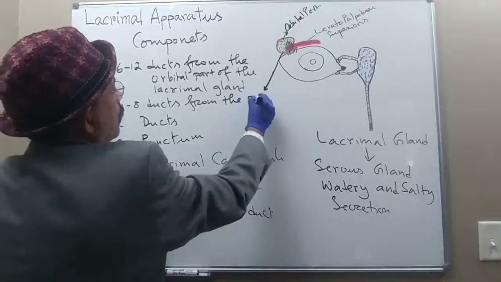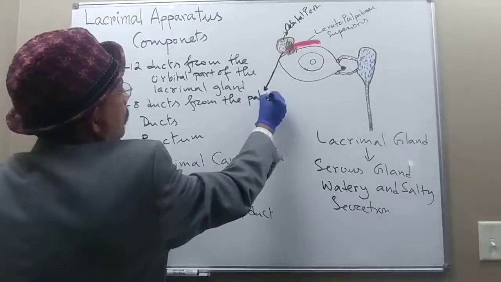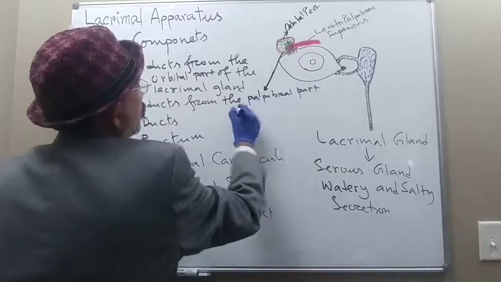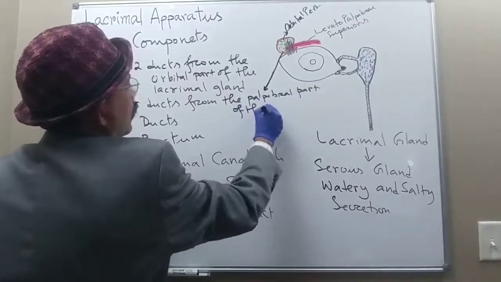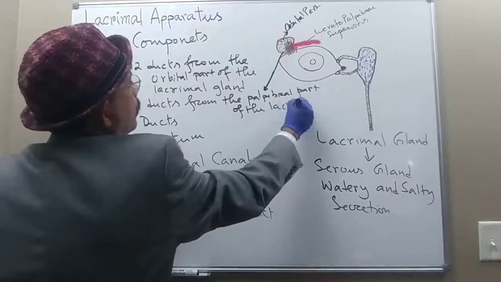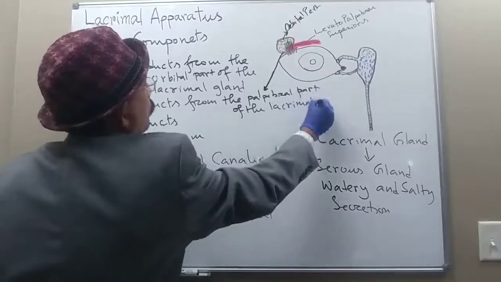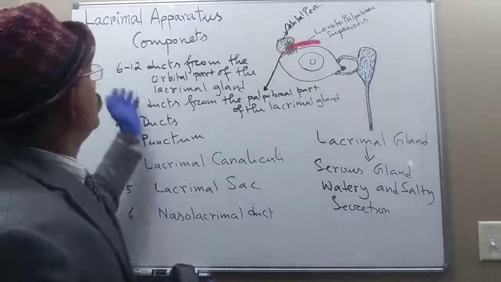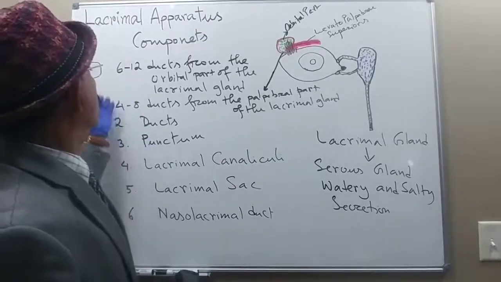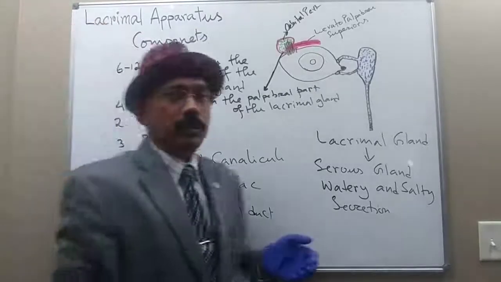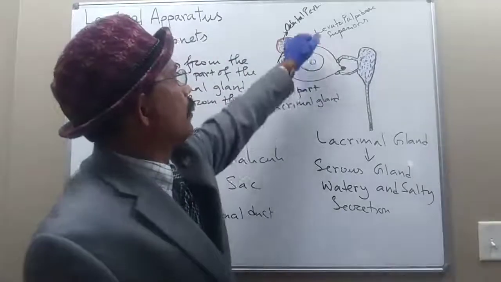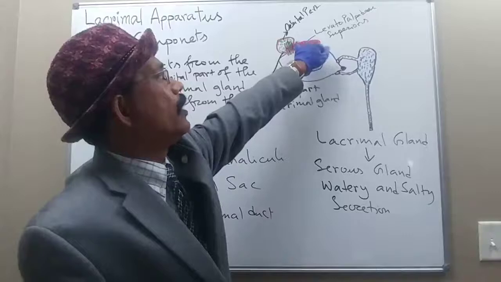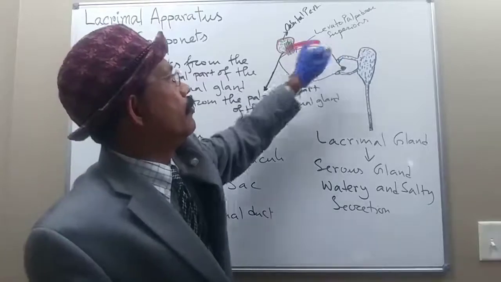So we get around 10 to 20 ducts. The ducts of the orbital part penetrate the tendon of the levator palpebrae superioris.